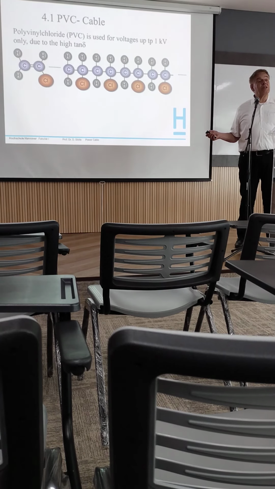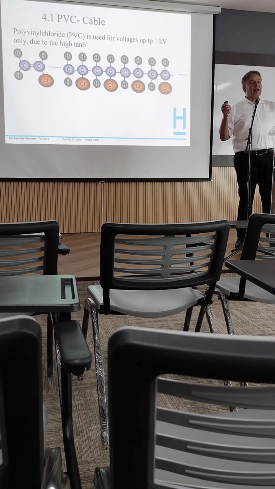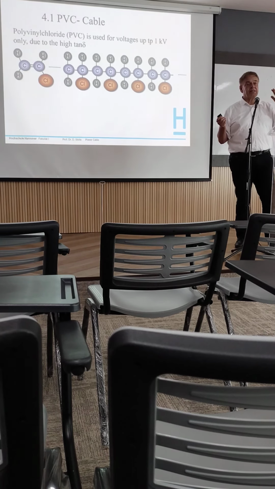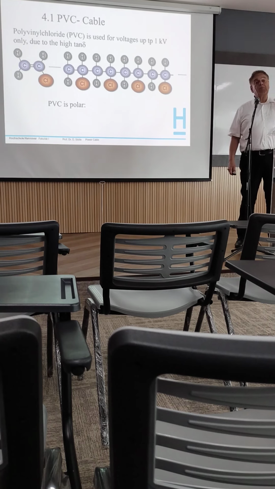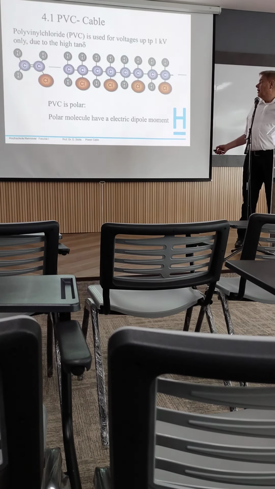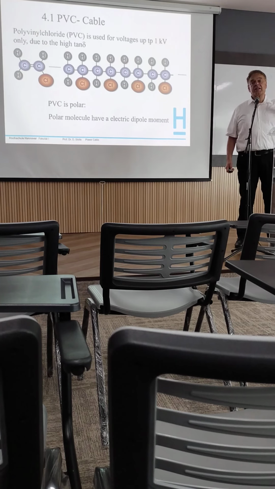What does that mean when it is not symmetric? That means that the charges inside the molecule are not the same at every place. So that means PVC is polar. What does it mean that PVC is polar? A polar molecule has an electric dipole moment.